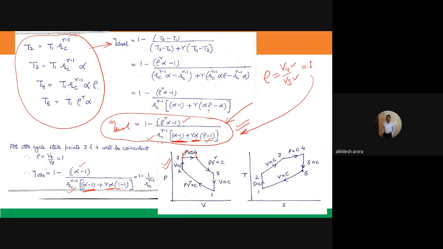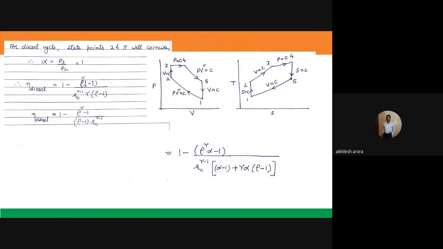Rho is 1, so 1 minus 1 makes this term 0. We are left with RC raised to power gamma minus 1 times alpha minus 1. Alpha minus 1 and alpha minus 1 cancel out, and the efficiency of the Otto cycle comes out to be 1 minus 1 over RC raised to power gamma minus 1. I think you remember this value. This is what we got in the case of the Otto cycle.